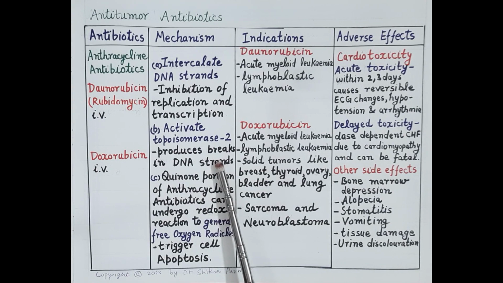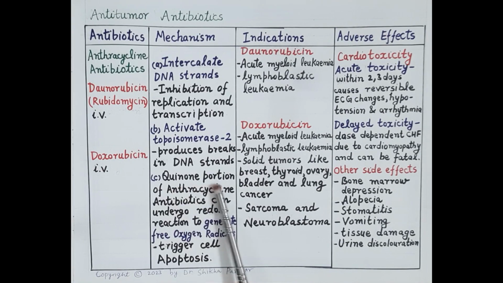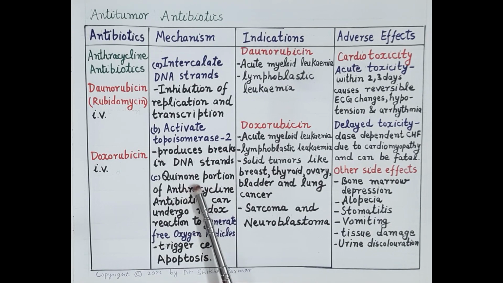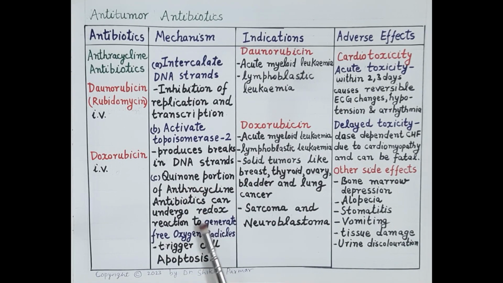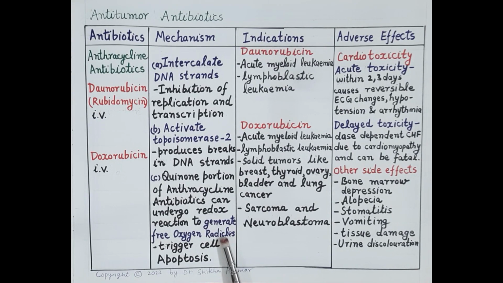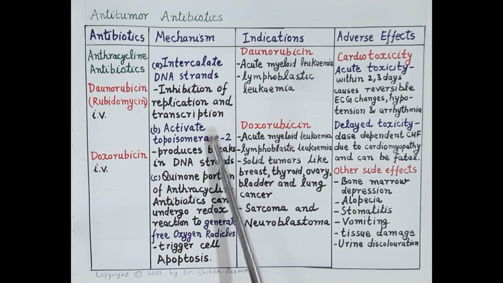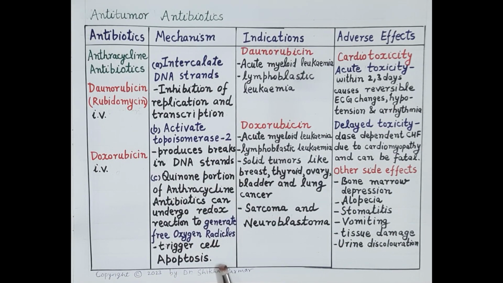Now, in addition to this, in the presence of oxidoreductive enzymes and iron, the quinone portion of anthracycline antibiotics undergoes redox reaction, and this causes generation of free oxygen radicals. Now, excessive generation of these oxygen radicals damages the cell membrane, proteins, lipids, and it triggers the cell apoptosis, that is programmed cell death. So, this is the general mechanism of action of anthracycline antibiotics.